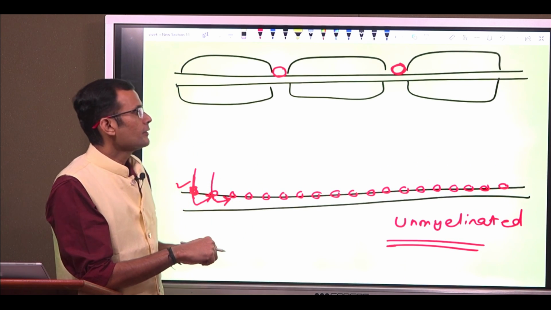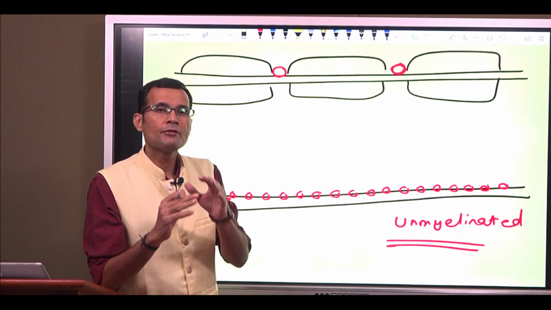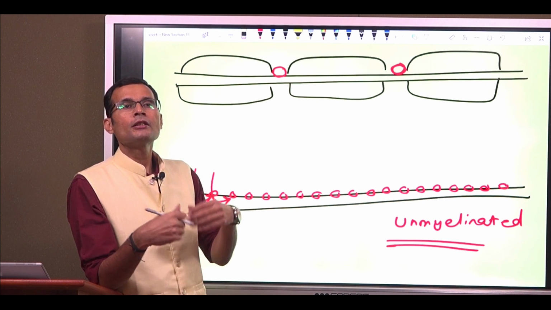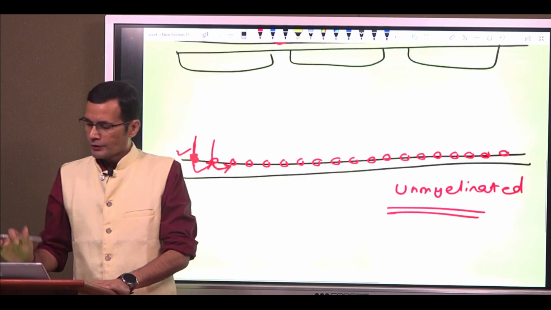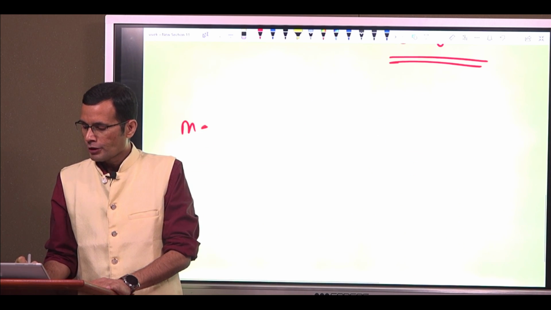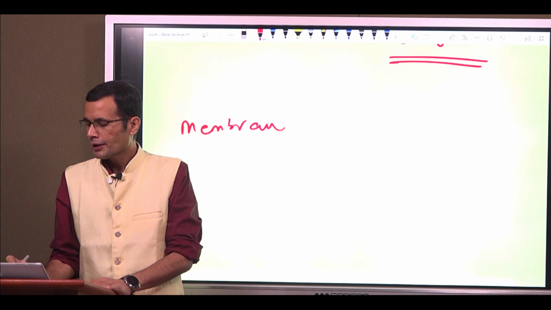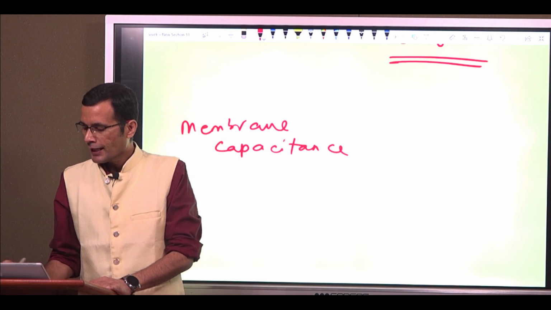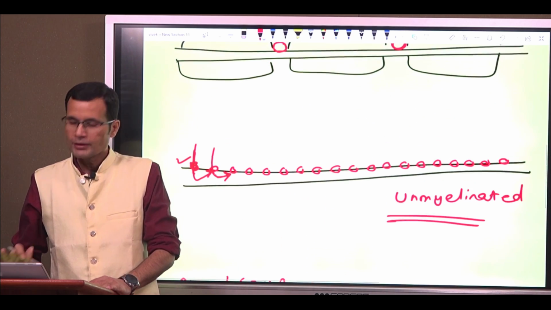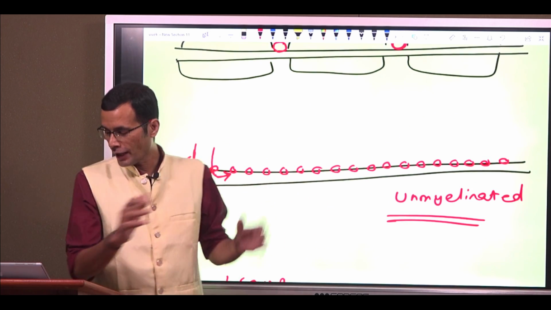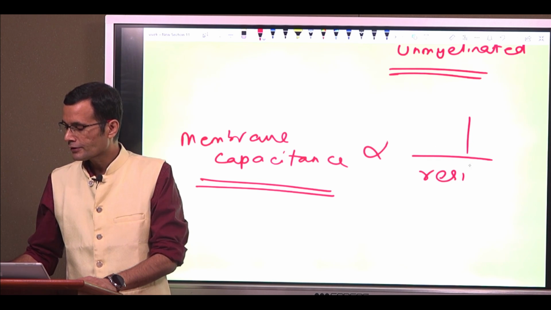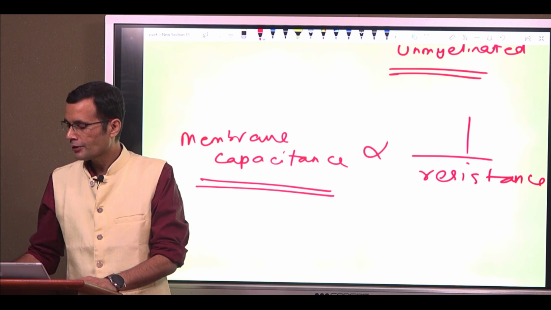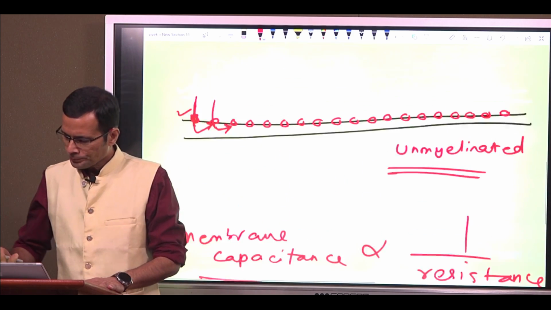Now the point is, what is the advantage, the benefit offered by the myelin sheath? Look, there is a concept of membrane capacitance, that the axonal membrane has capacitance, of course, and it is inversely related to the membrane resistance.